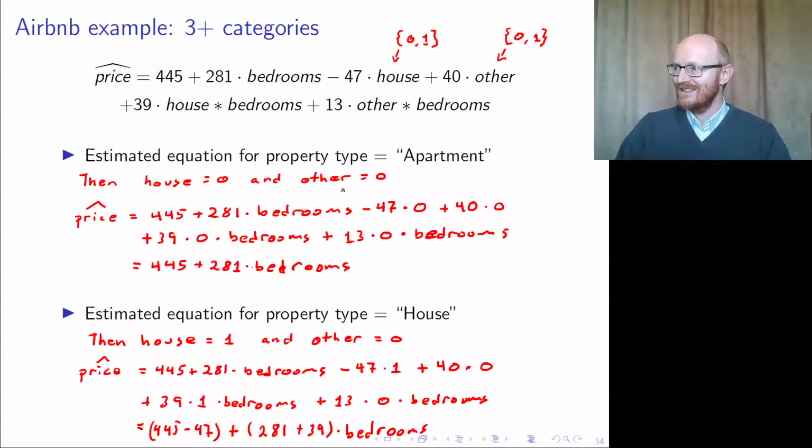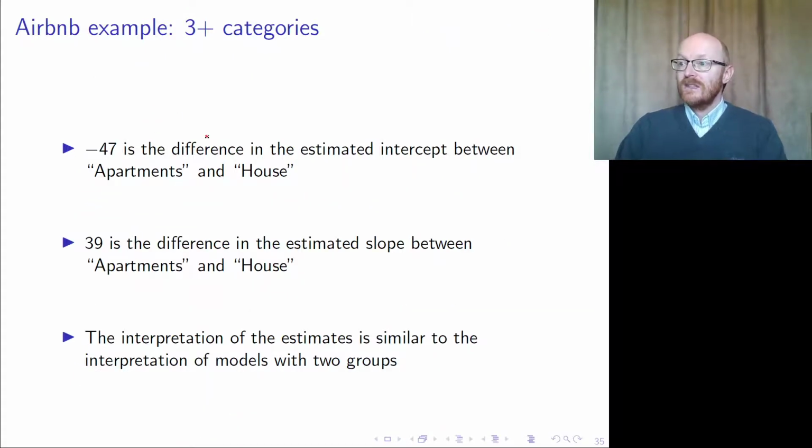Okay, so this is the difference in the estimated intercept between apartments and house. So the coefficient on the dummy variable is a difference. It's not the level.